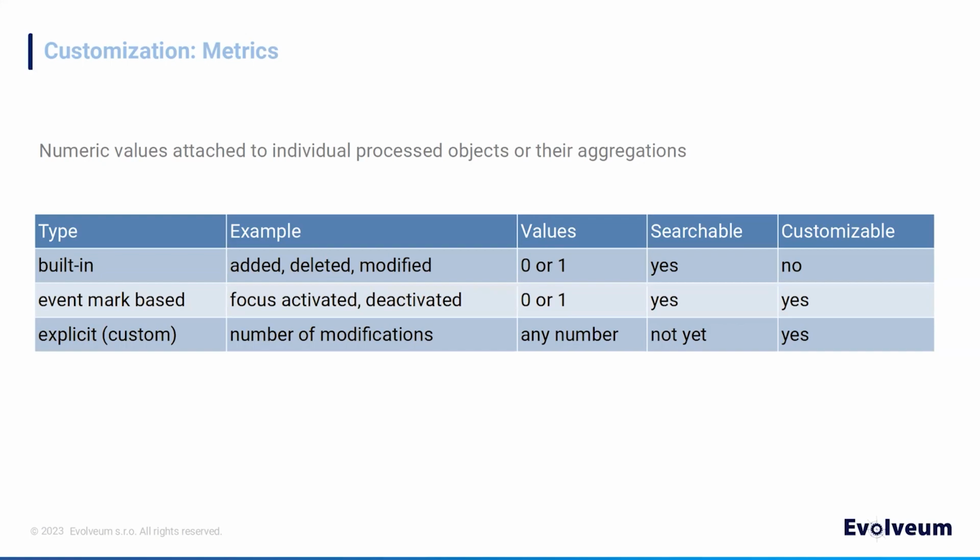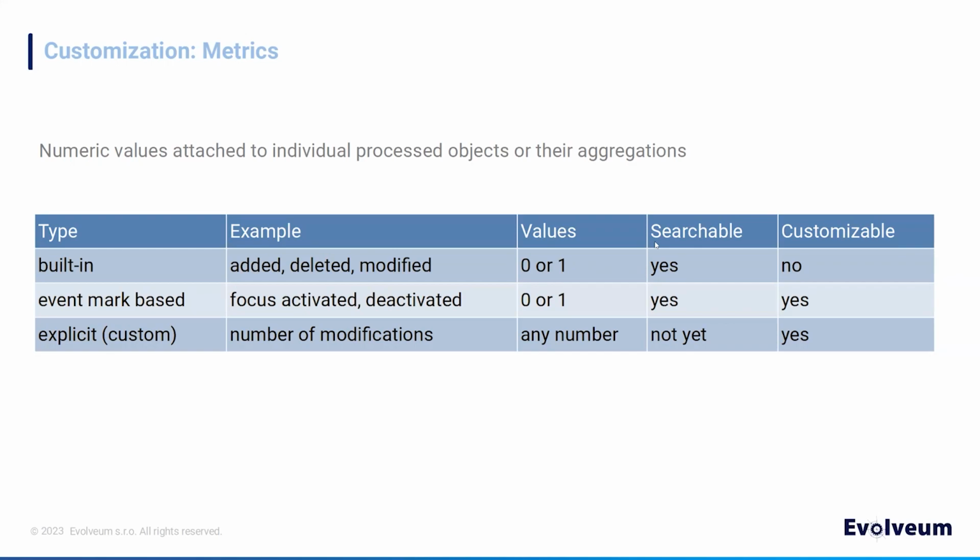These are qualitative measures, meaning they have values of 0 or 1, false or true, not present or present. And they can be used to filter events in the midPoint UI and are not customizable.